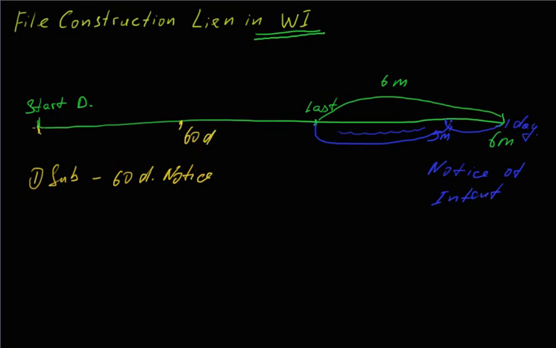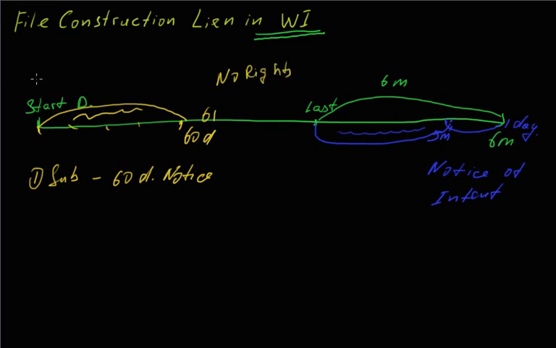You need to properly serve a notice of lien rights to the owner of the property, and you can do this anytime during this period. You can do it here, you can do it here. If you miss it by 1 day, so if you send it on the 61st or 62nd day, you lose your lien rights. So no rights.